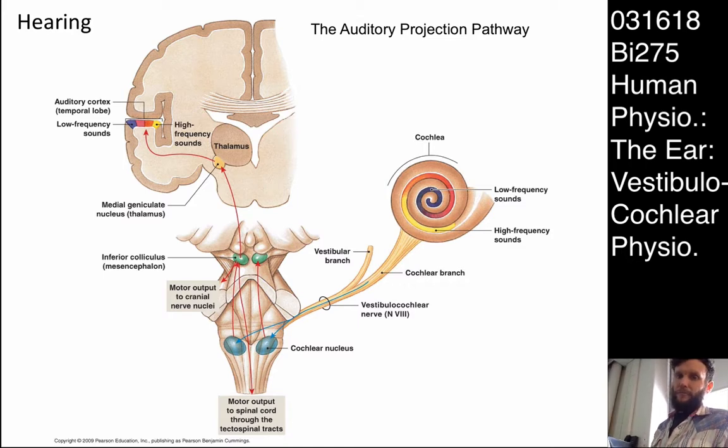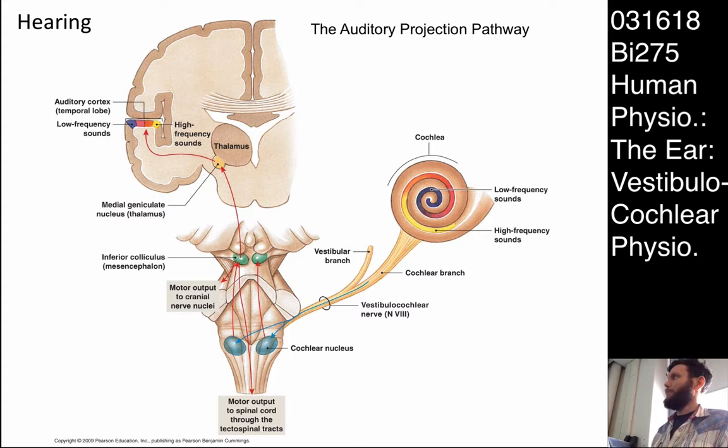So here is the cortical projection pathway. The sounds come in of whatever complex frequency range, whatever pattern of sound is coming in. They trigger the nerves of the cochlear branch of the vestibulocochlear nerve, and they pass down through what is called the internal auditory meatus.